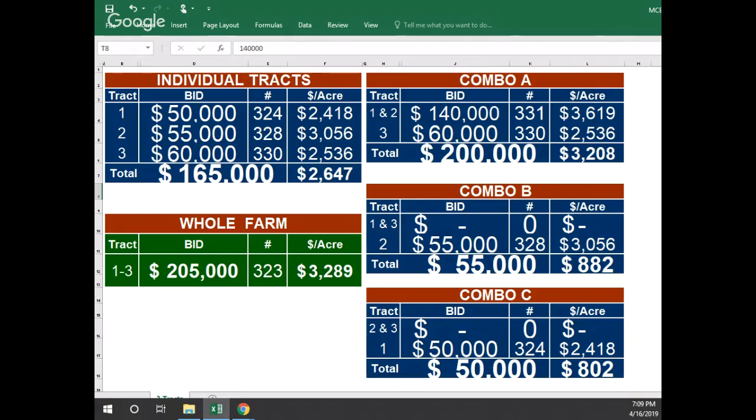Trustee, yes. Tracks 1 and 2, 150,000, bidder 331. AJ, would you go 215 on the whole? Whole farm goes to 215,000. 215 on the whole farm, bidder 323.